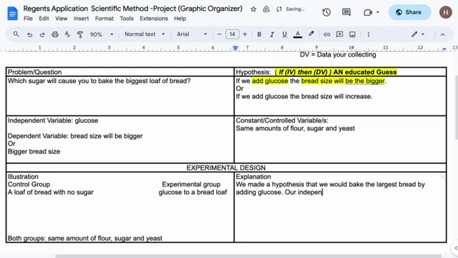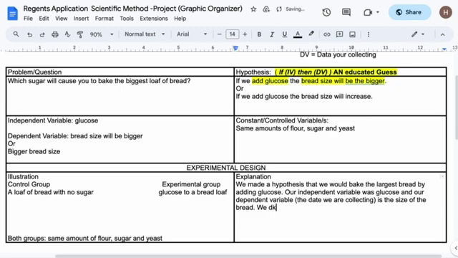Our independent variable was glucose, and our dependent variable, in parentheses, the data we are collecting, is the size of the bread.